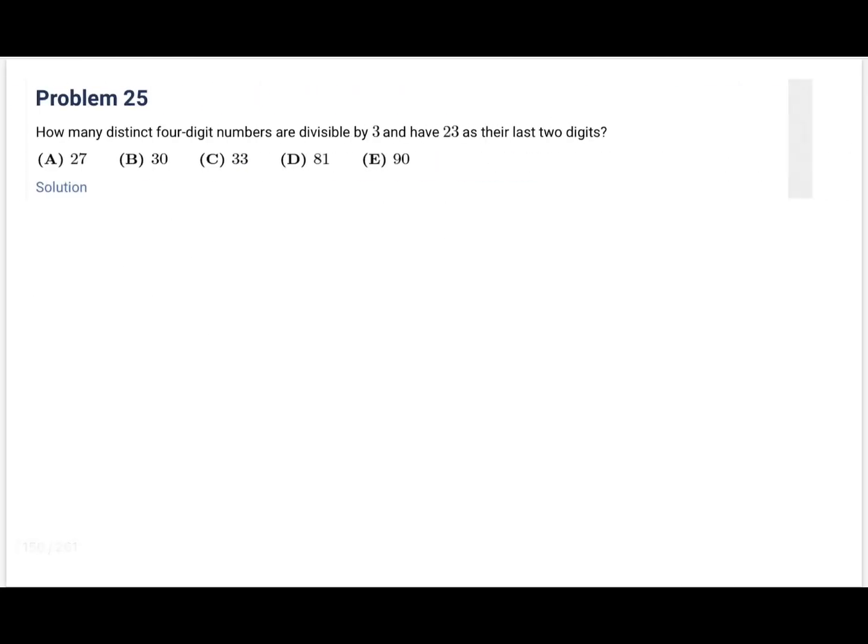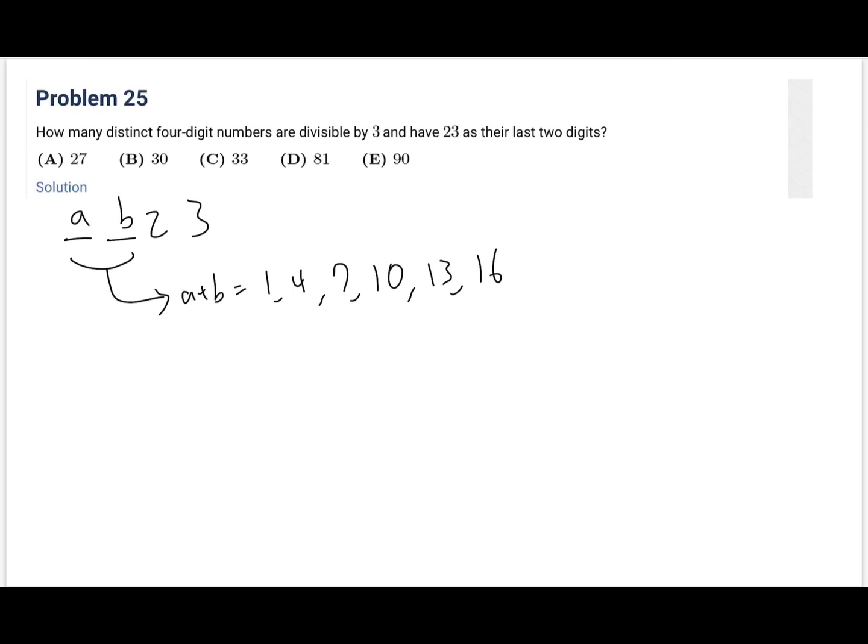Last problem, problem 25. How many distinct 4-digit numbers are divisible by 3 and have 23 as their last 2 digits? Okay, so for this one, we need something 23, right? And so for this to be divisible by 3, if this is A and B, A plus B has to be either 1, 4, 7, 10, 13, or 16, right?